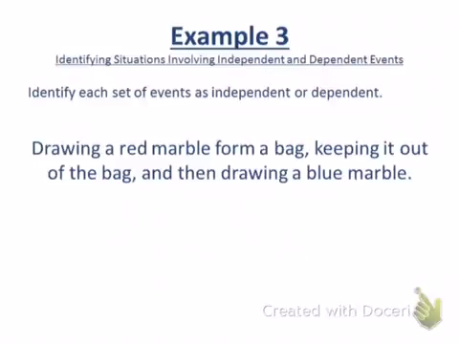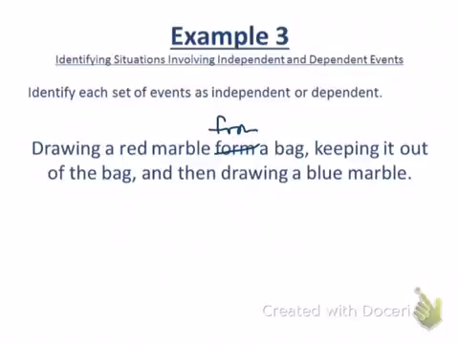All right? Now, drawing a red marble from a bag, keeping it out of the bag, and then drawing a blue marble. Definitely dependent, right? It's dependent because why? Explain why. Nick?